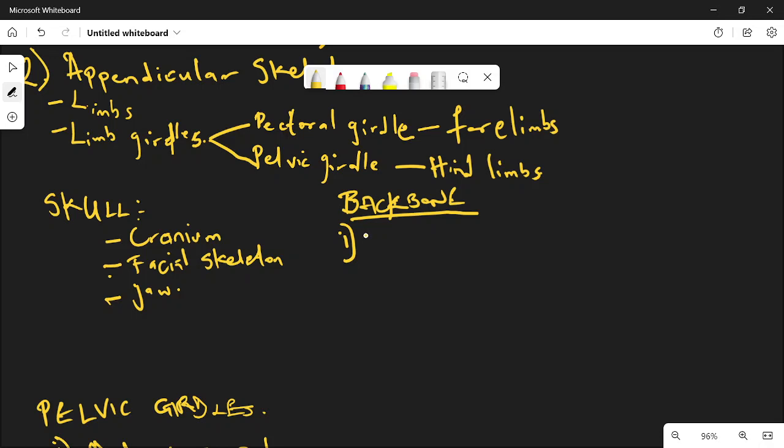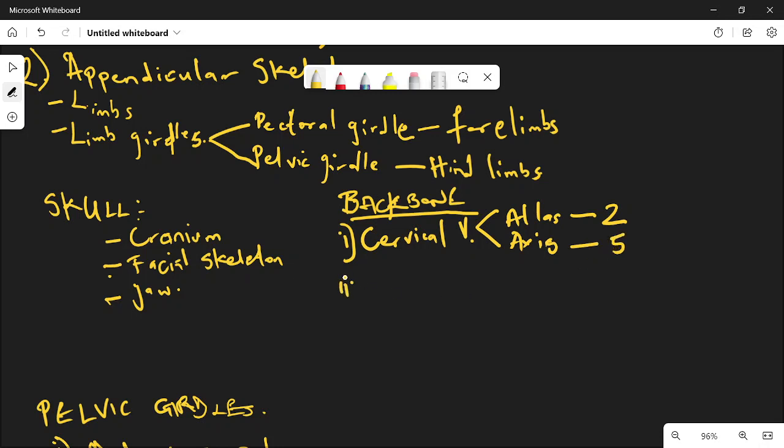The first one is called the cervical vertebrae, and it is divided into 2. We have the atlas, and the second one, which is called the axis. The atlas and the axis. In man, the atlas is 2 and the axis is 5.